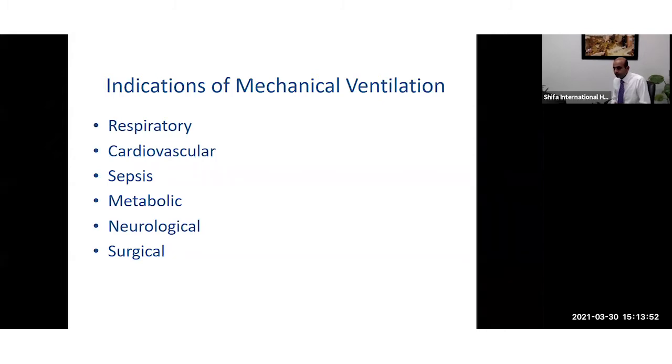So a variety of surgical conditions. When these babies go to theater, they usually need ventilation. And post-operatively, depending upon what kind of operation has been done, the babies may need ventilatory support for 24 to 48 hours. And that usually is mainly for pain relief reasons. So these are the group of disorders where the babies need mechanical ventilation.